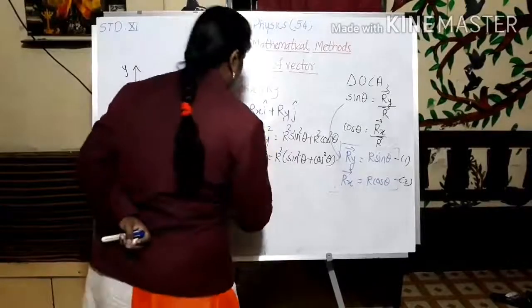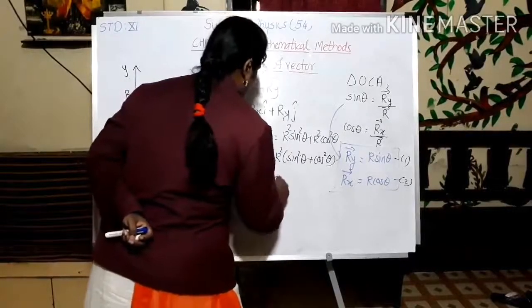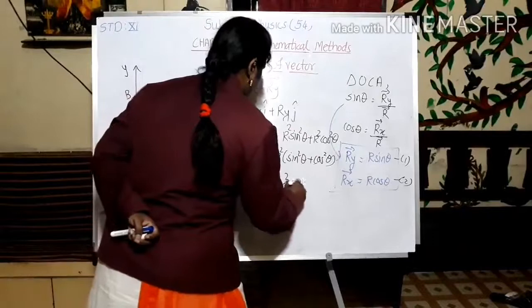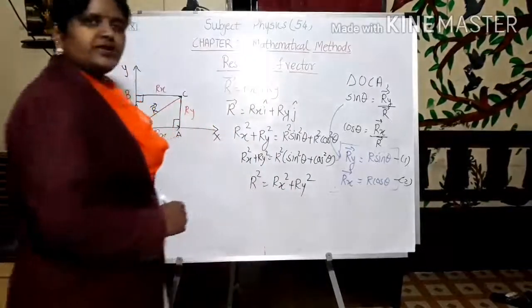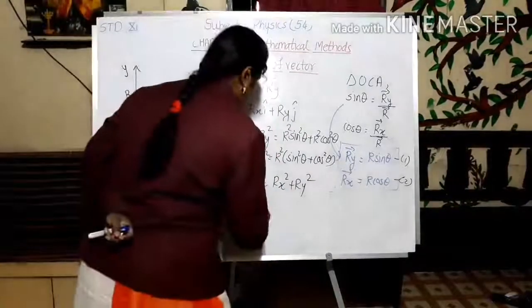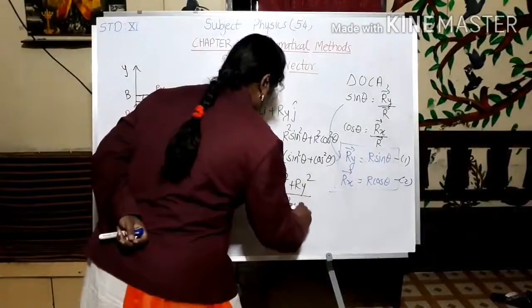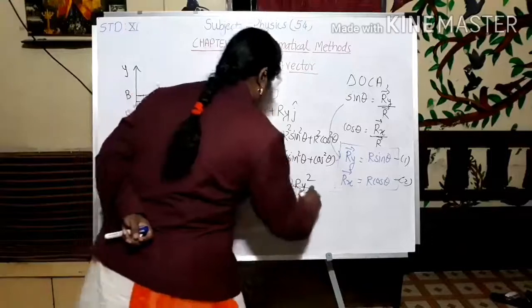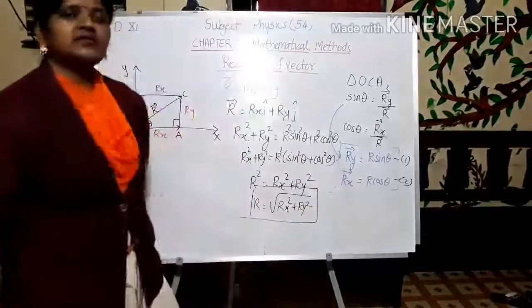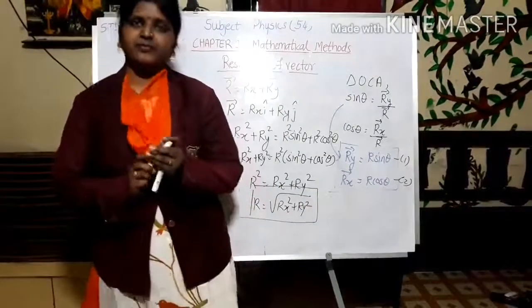So we are getting R square as Rx square plus Ry square. Is it right? So R will be this. So we have got the magnitude of the resultant vector.